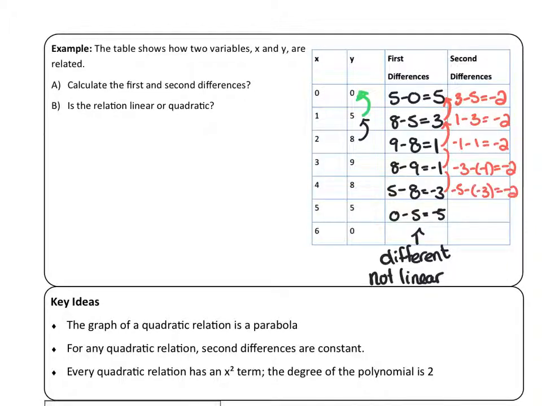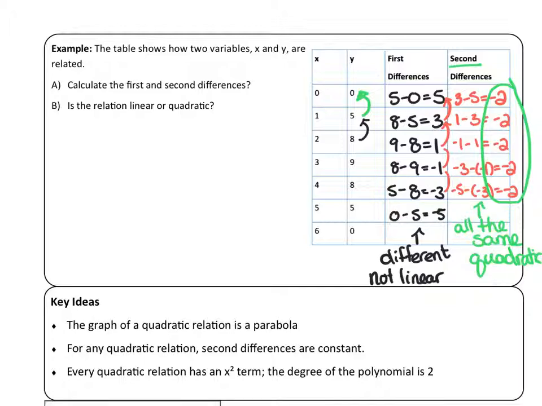So we notice that all of these are negative 2, and because the second differences are all the same, it means that we have a quadratic. So that's how you can tell just by looking at the table. You just have to do a couple of subtraction things.